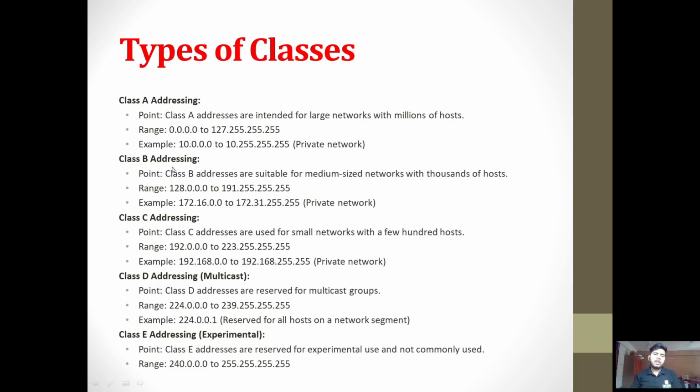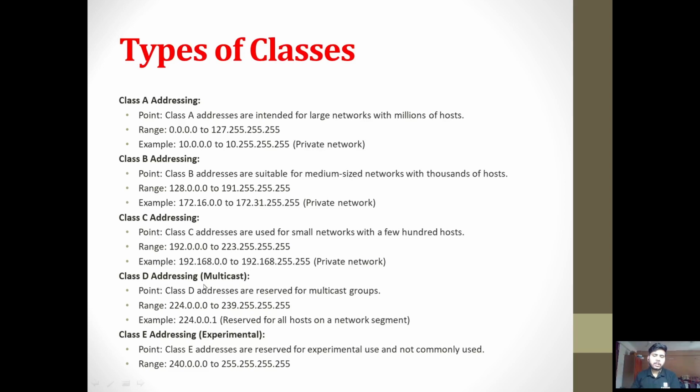Class B addresses are suitable for medium-sized networks, with a range of 128 to 191. Then there is class C. Class C addresses are used for small networks with a few hundred hosts. Its range is 192 to 223.255.255.